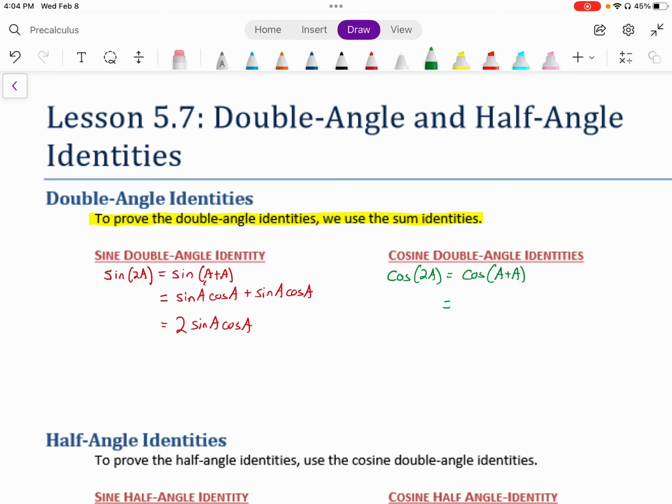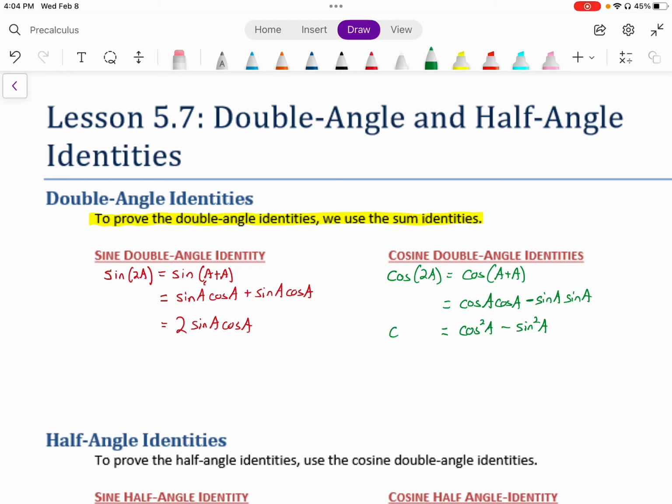That's going to be the cosine of the first times cosine of the second, minus sine of the first angle, which is a, sine of the second angle, which is also a. And we simplify this. This is just cosine squared of a minus sine squared of a.